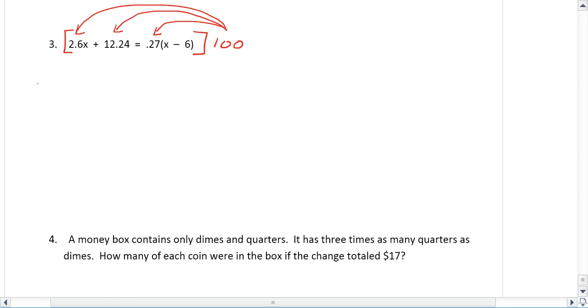So if we do this, we would end up with 260x plus 1,224 equals 27 times, in parentheses, x minus 6. Not a huge amount of difference, a little bit.